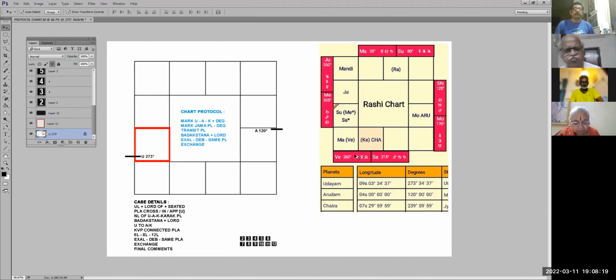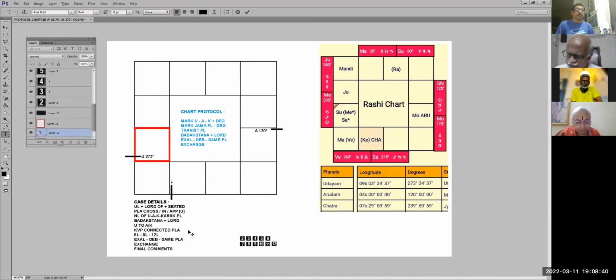Now Kavipu is in this 8th Rashi at 239 degrees. So if you know, this is 210 to 240. So your Kavipu will come somewhere here, like this, somewhere 239, correct?